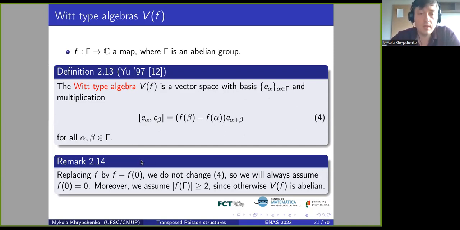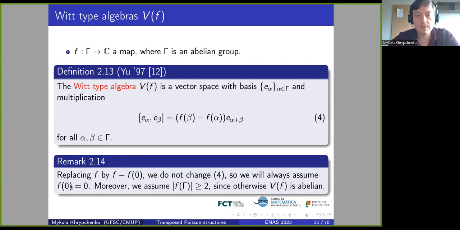We can observe that we can always assume that F sends 0 to 0 by just slightly modifying this map F, if it's not of this type, and this new modification does not change the original product.